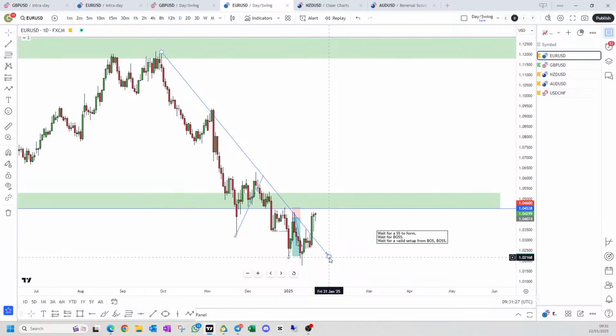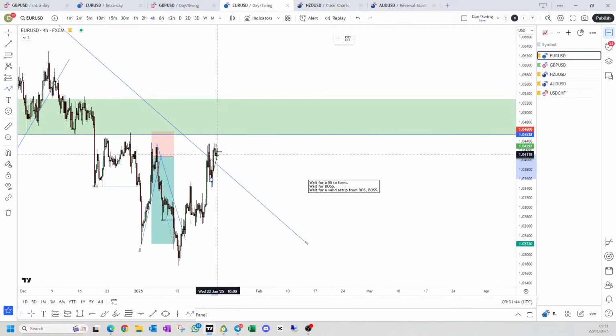There's your daily trend. Okay, prices broke out, and now what we want to do is wait for a substructure to form above here. What that will look like is either price will form a high, and then the high point becomes a substructure, or price will form something like this, which is known as a B, C correction, where price forms like a pattern like this.